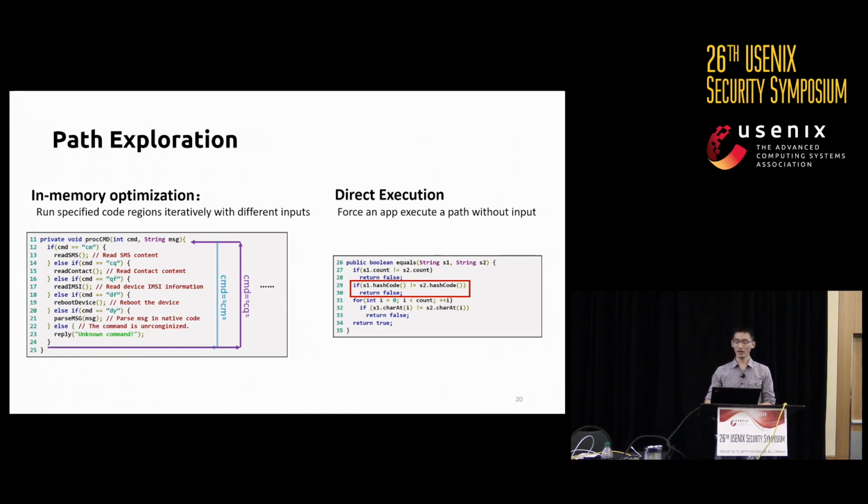However, in the IR statements, the condition of this conditional branch is stored in the temporary T. So we can modify the concrete value of temporary T from true to false to force this app to execute forward.